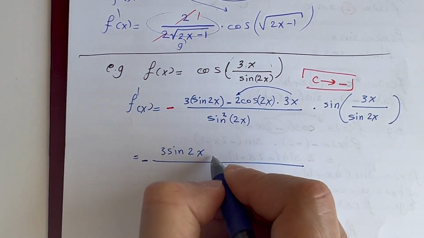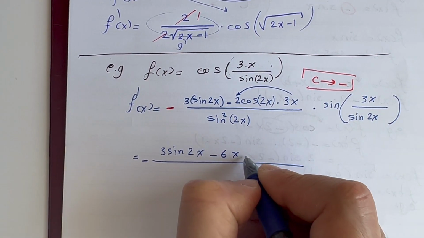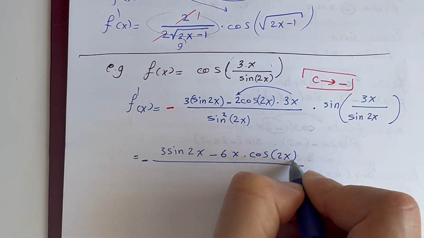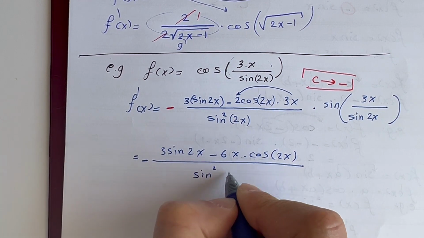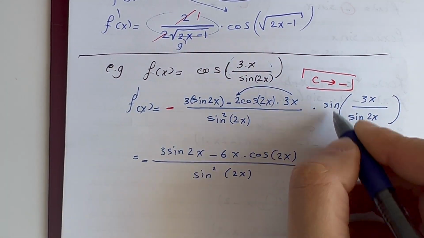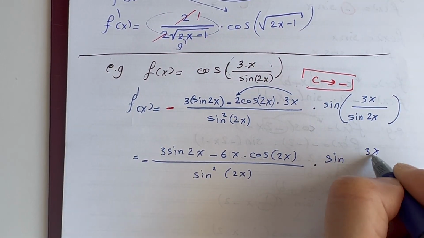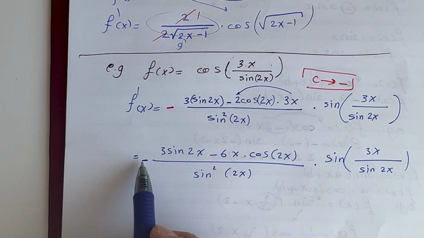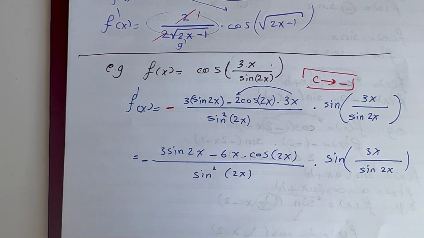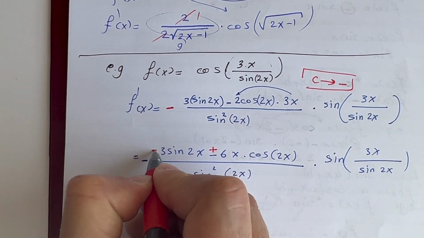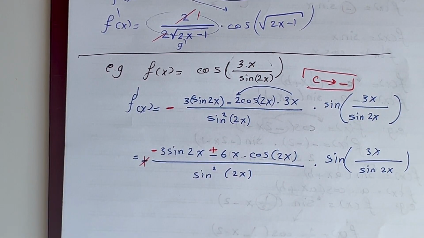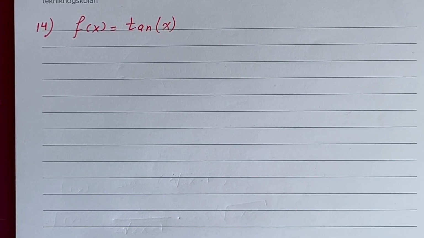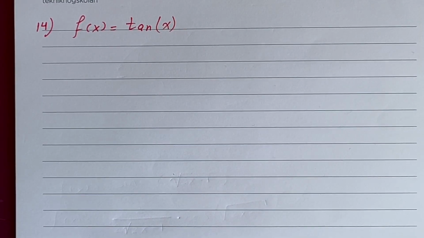Multiply the 3x by 2, so minus 6x cosine 2x, over sine squared 2x, times sine 3x over sine 2x. Now if you want to distribute this minus, it will change everything. So this will be plus, this will be minus, and you can delete this. That's all.